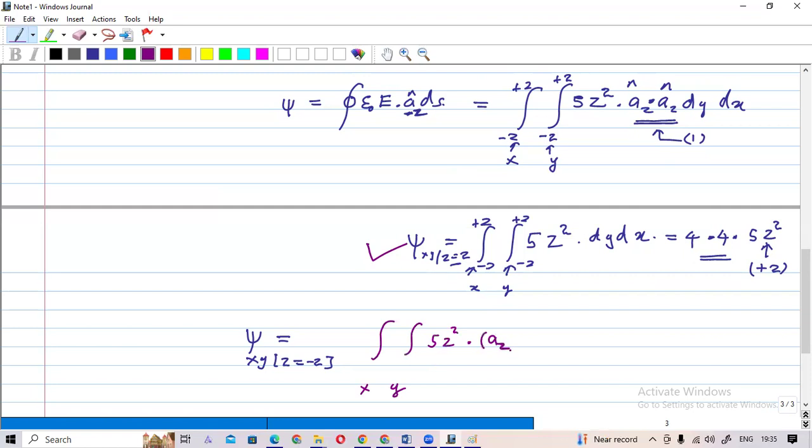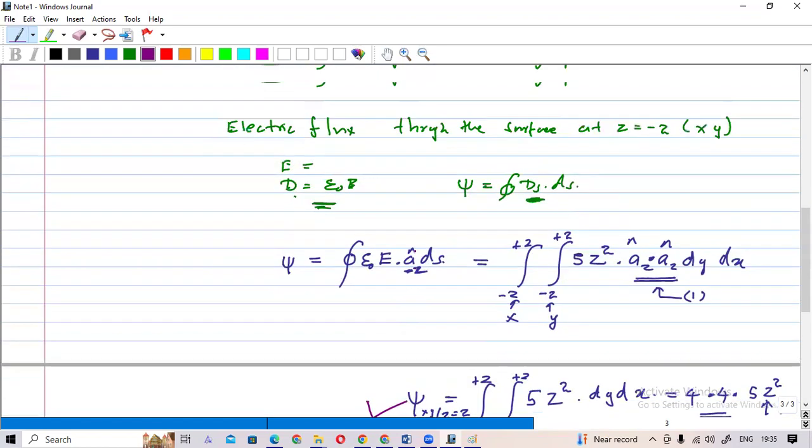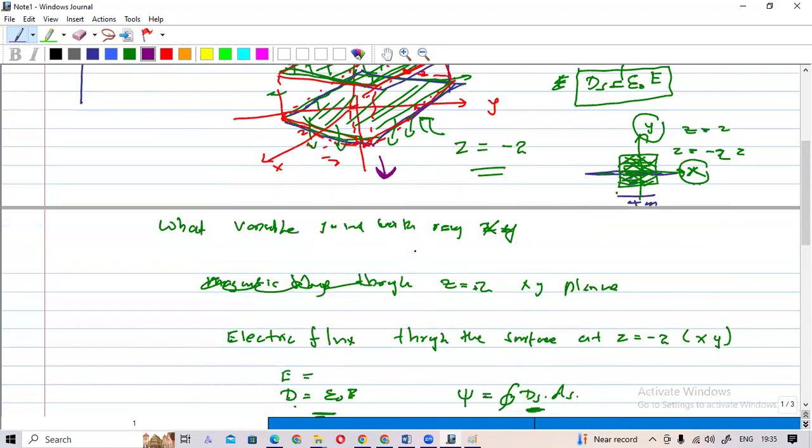This a z, I hope this should be minus a z, because when you are considering the minus side, you have to consider the minus direction.